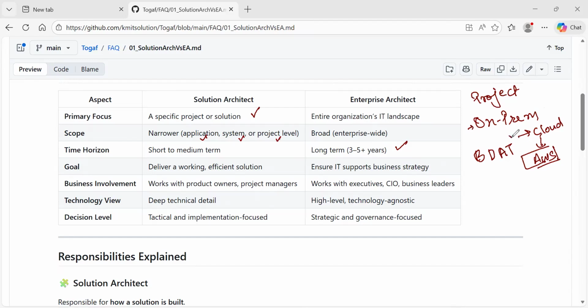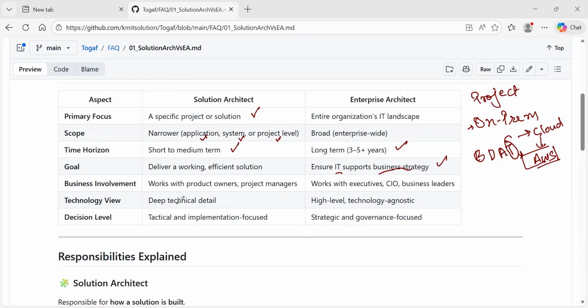When it comes to technology, there is a solution architect who helps to solve the business problem related to the technology. As compared to the enterprise architect, the solution architect has a short or medium term goal. He is going to deliver a working and efficient solution, whereas the enterprise architect ensures that IT supports business strategies.